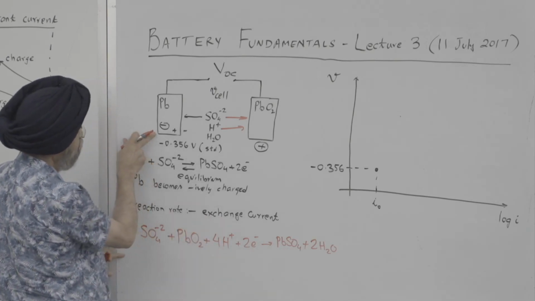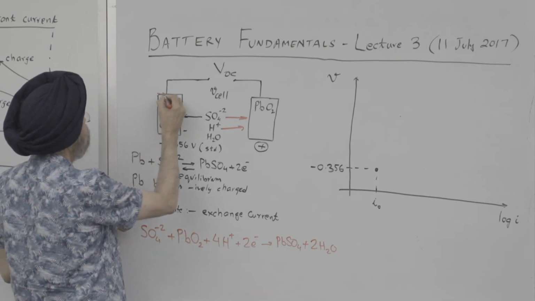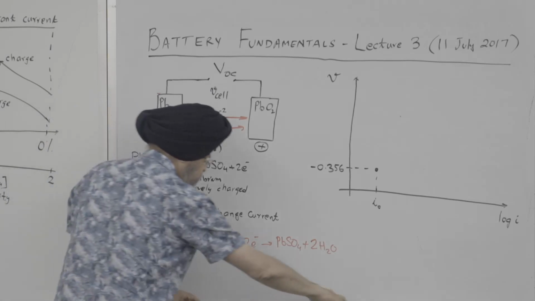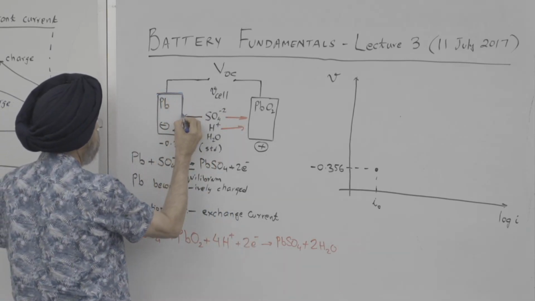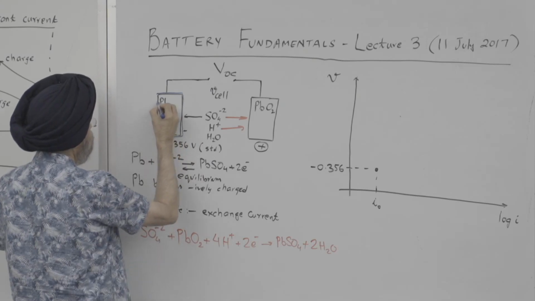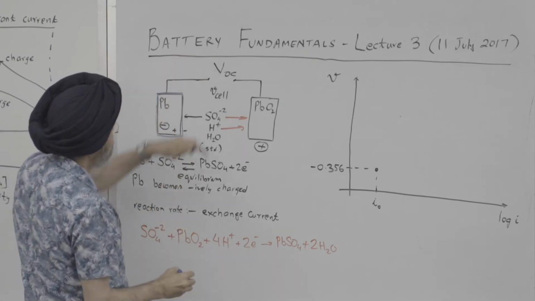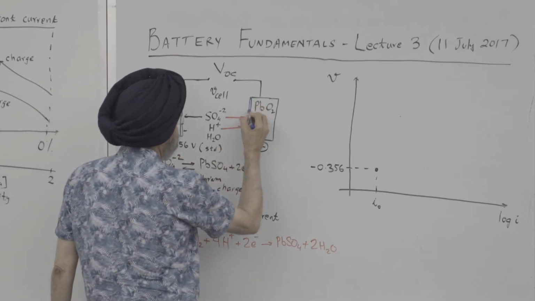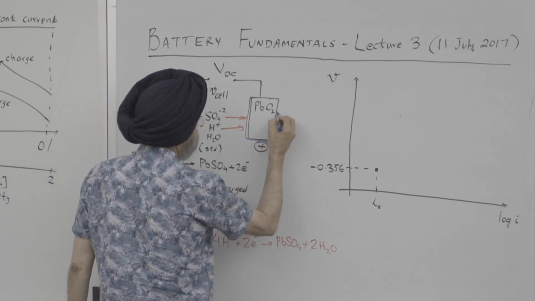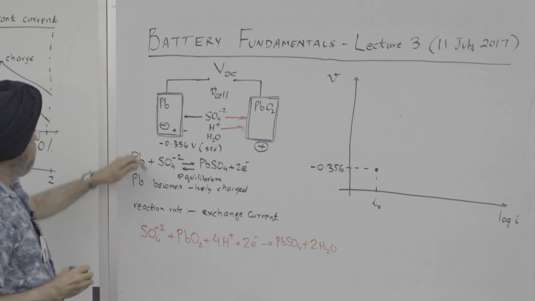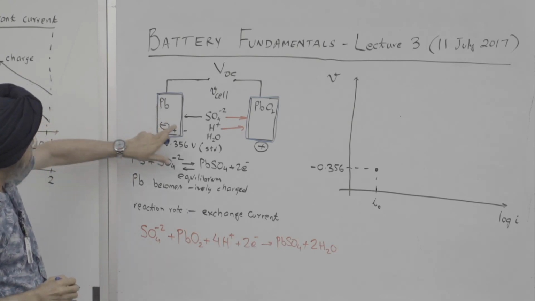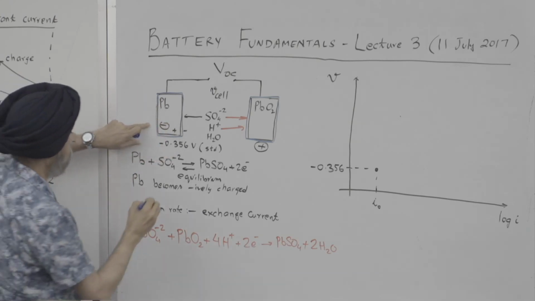The same thing happened over here. So both these get covered with lead sulfate. So let me draw in blue. Right now we're open circuit, and yet both these are getting a little coverage of lead sulfate. Probably not much, because in the process of forming lead sulfate, this becomes negatively charged.